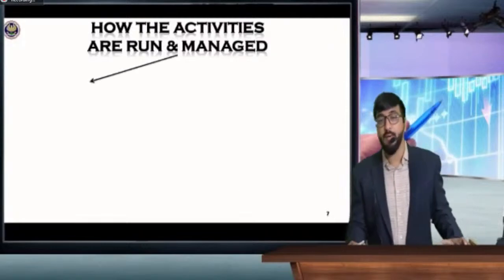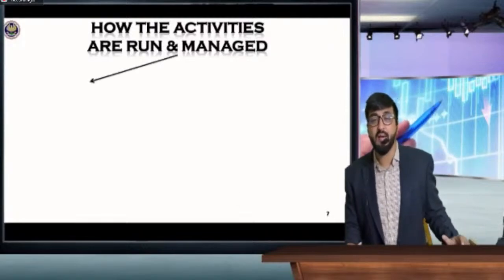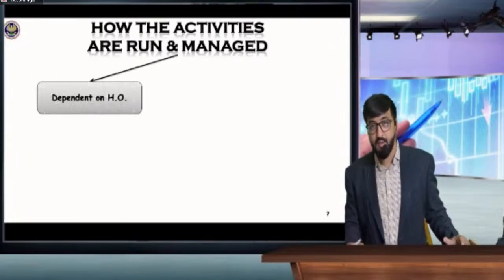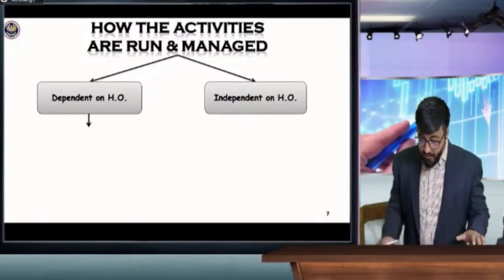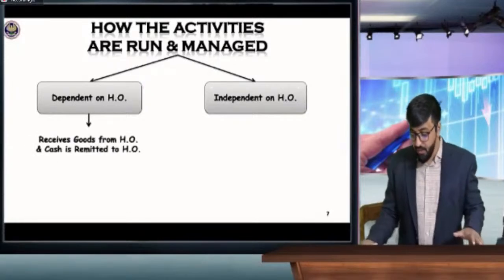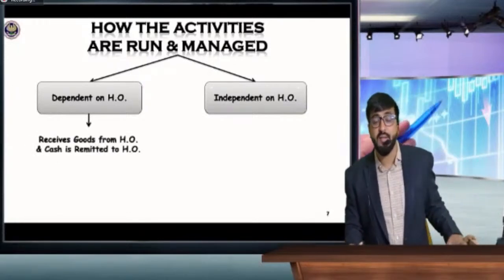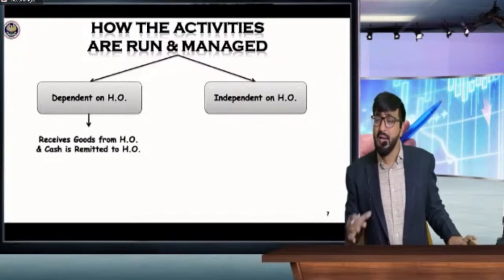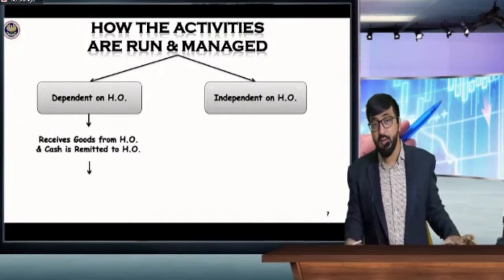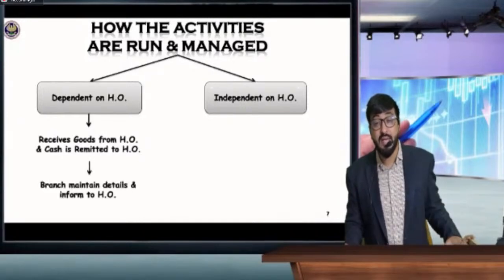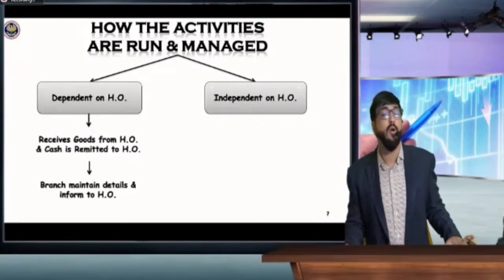So friends, how activities are run and managed. For dependent branch and independent branch, there are two types of activities. So you can write it, dependent and independent. What a dependent branch does is it receives goods from the head office, and after selling these goods, it remits the cash. But remember, the branch maintains details and informs HO, and HO will account for the dependent branch.